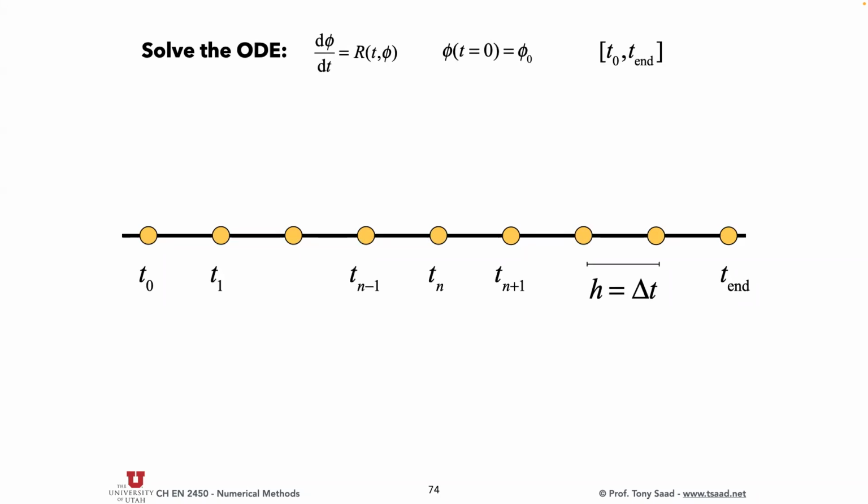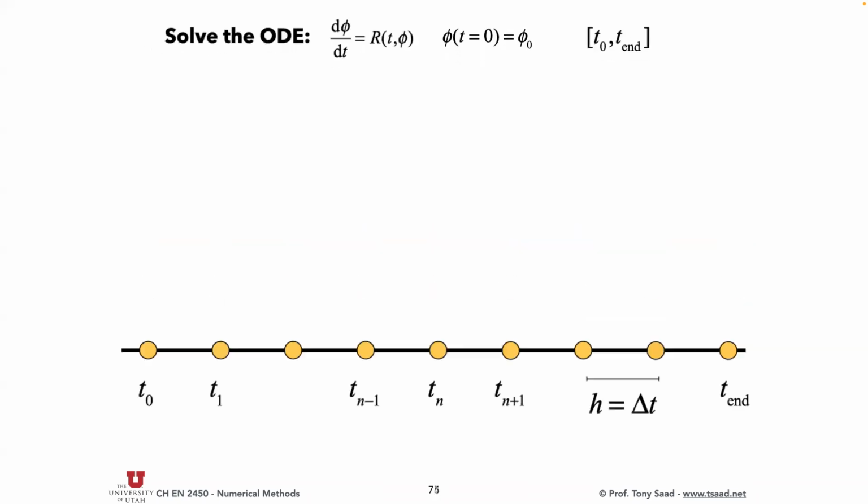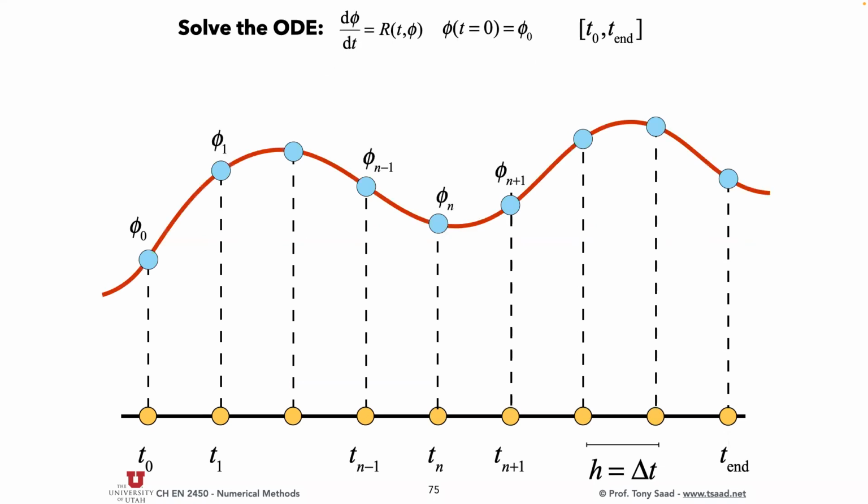Now for each one of those discrete points, these yellow points here, you assign a time value starting from t0. t1 is t0 plus delta t, t2 is t1 plus delta t, and so on, all the way to t end. Now numerically, rather than finding this continuous red curve, our objective would be to find those discrete values on the red curve that correspond to the discrete times that we have identified.